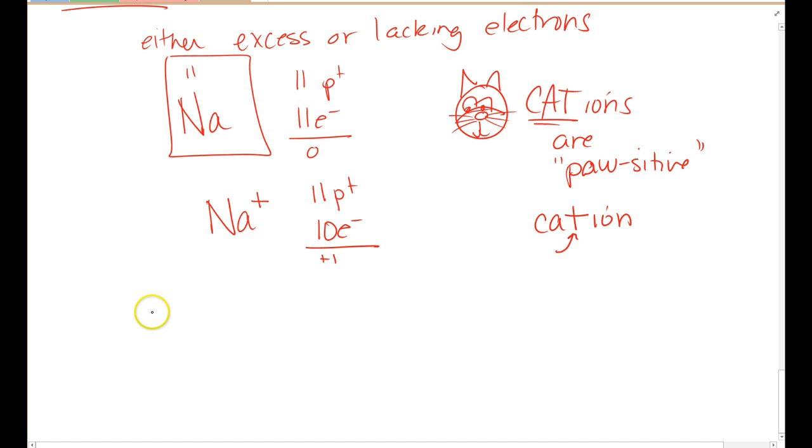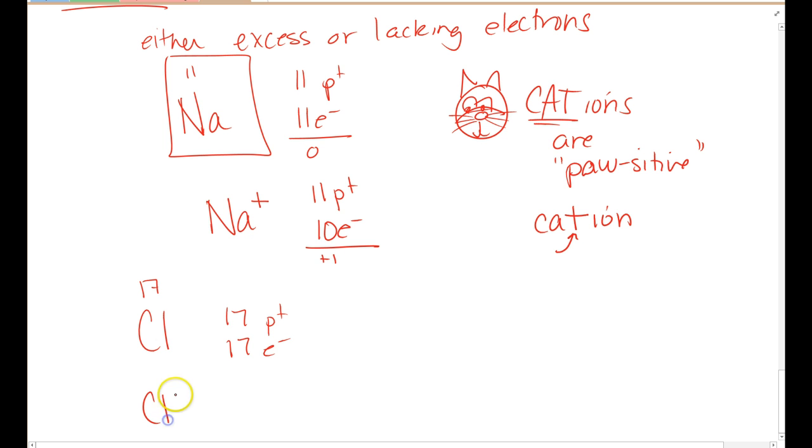When something has more than its neutral amount, like chlorine, which is number, let me guess here, 17. I don't have it memorized. It's number 17. When chlorine is neutral, it has 17 protons, 17 electrons. But it very often will take on an excess electron, and we'll talk about why that is in more detail. Some of you might remember from your first chemistry course.